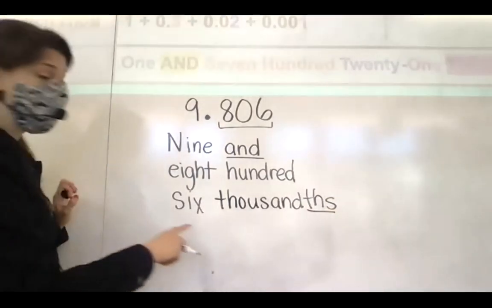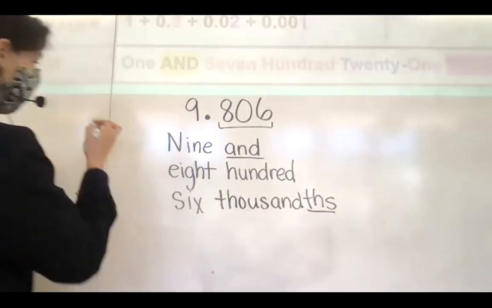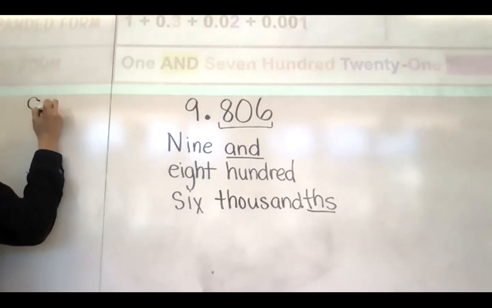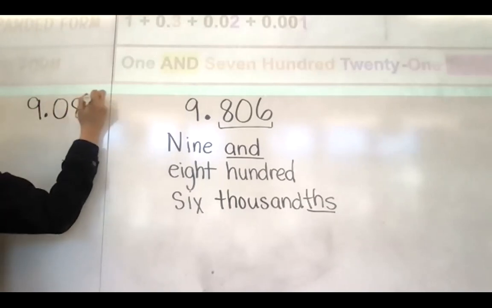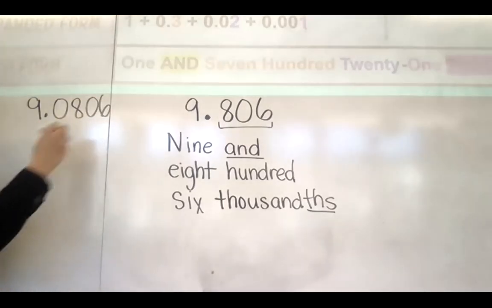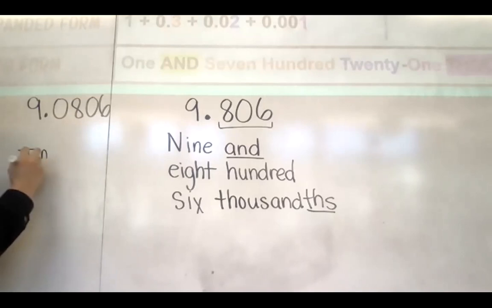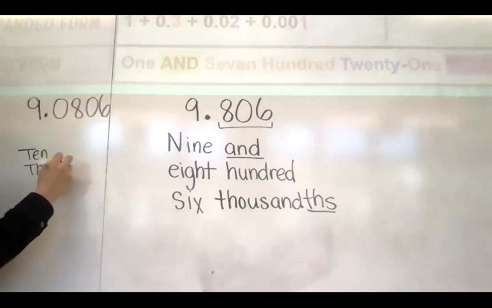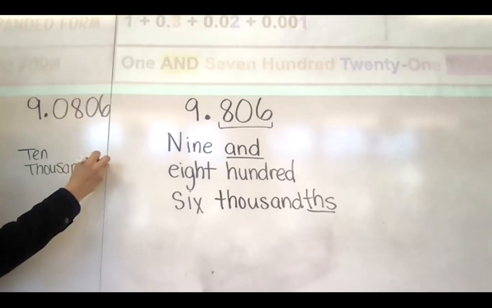Look, I'm going to show you why this last part is so important, because I could have this. This is 9 and 806 ten-thousandths. You see that?